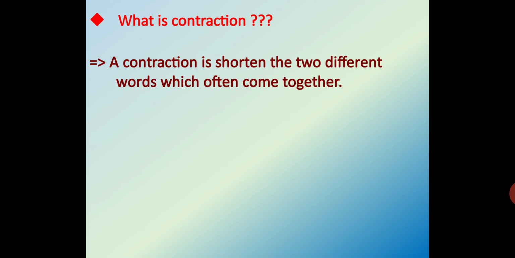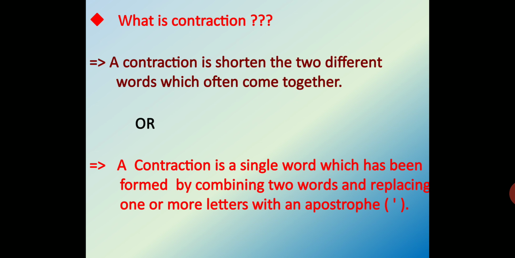Now you have a question in your mind. What is a contraction? A contraction shortens two different words which often come together. Or you can say that a contraction is a single word which has been formed by combining two words and replacing one or more letters with an apostrophe.